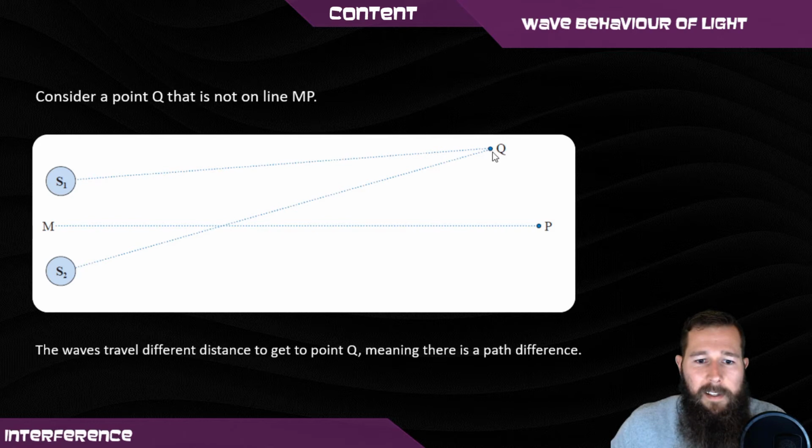And what that means is you can see that the distance from Q to S2 is actually a little bit longer than Q to S1. So if the waves have to travel longer to get there, the crests won't necessarily be meeting crests anymore, so you won't get that constructive interference. You might actually get destructive interference.